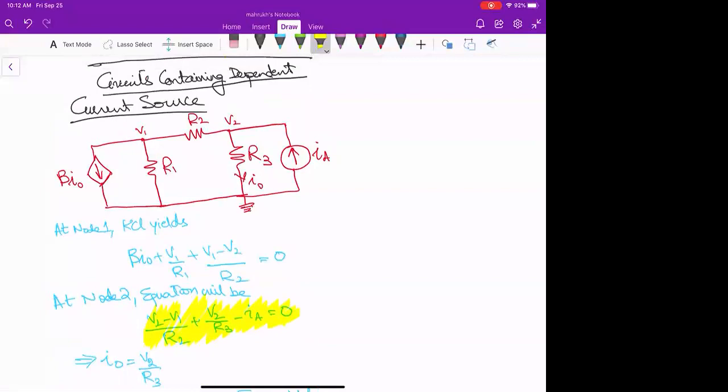Okay, let me show you how it will go if I define the currents. If this is my I1 and this is my I2, then my I1 will be V1 minus V2 over R2, let's say, right?